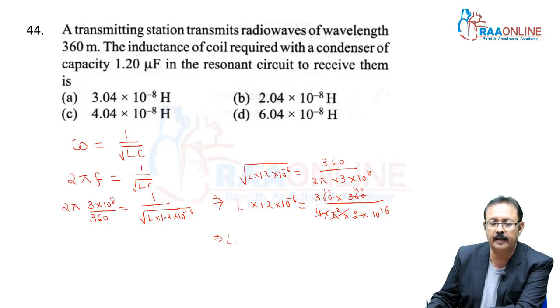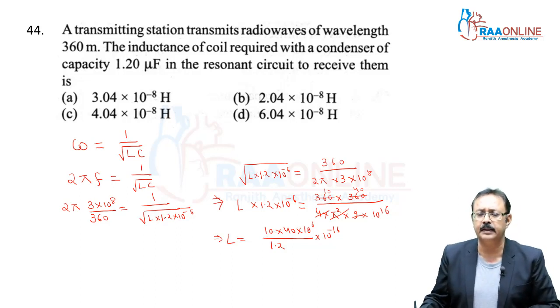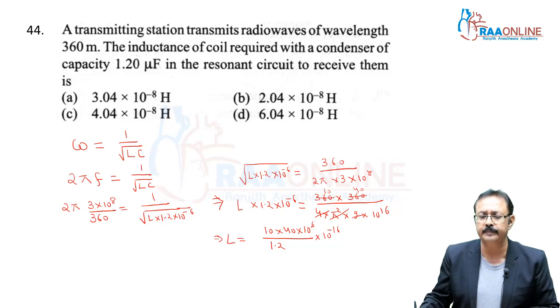So what is L? Take 10 to the power minus 6 on that side. So 10 into 40 into 10 to the power 6 upon 1.2. Take minus 16 in the numerator, so it will become minus 16 plus 6. Remove the decimal, you will get 110 there.